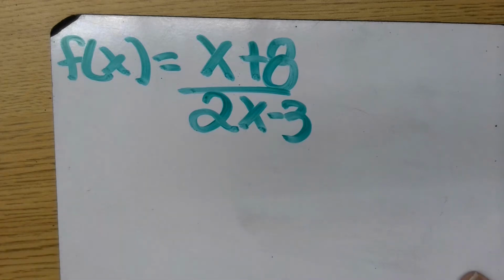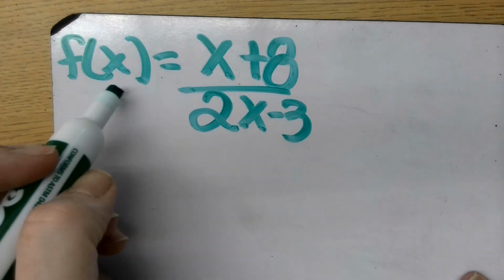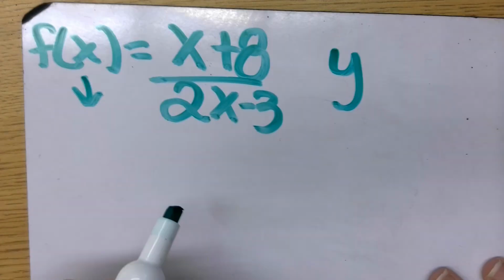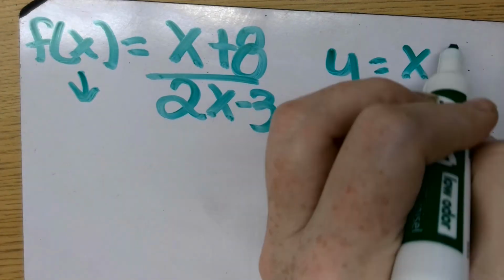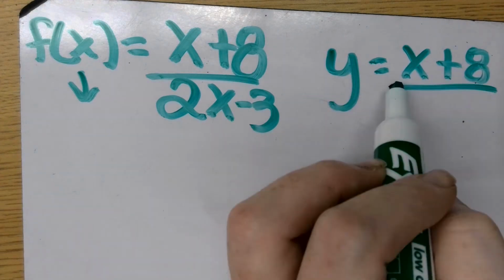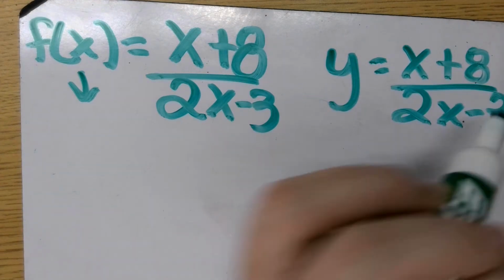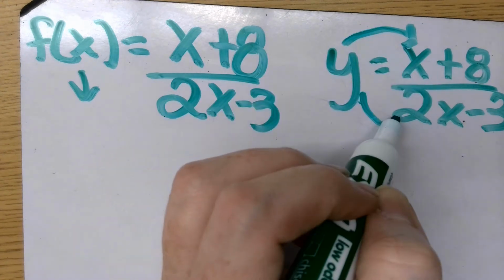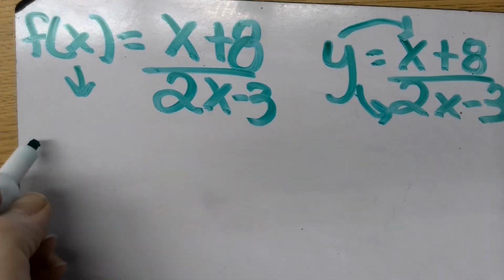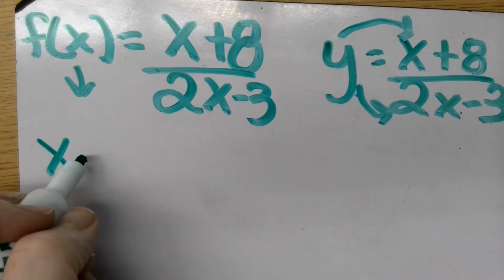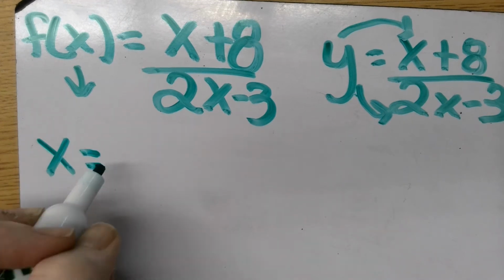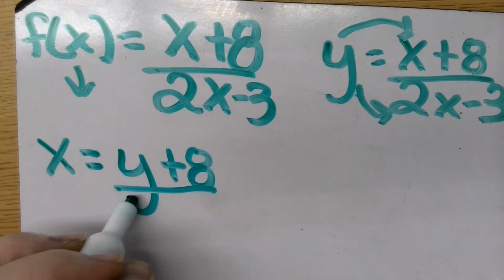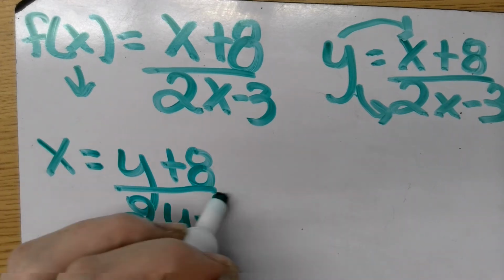I now need to substitute y for this. So I'm going to have y equals x plus 8 all over 2x minus 3. Now they want me to swap my x and my y values and rewrite it. So x goes over here in place of that y, equals y plus 8 all over 2y minus 3.